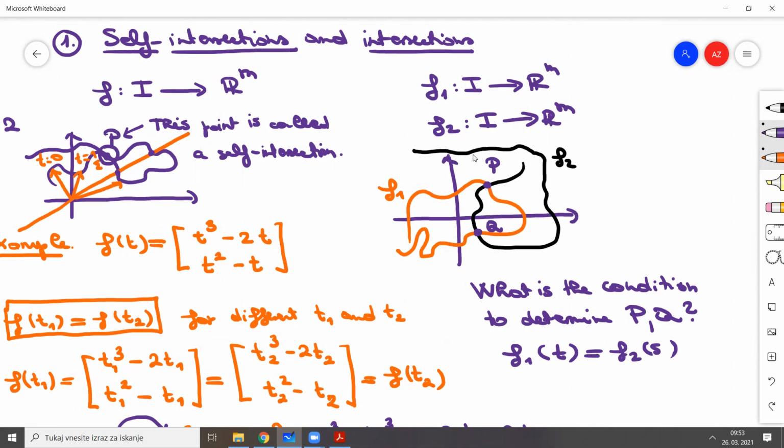However, if T represents time, and for example, this is the road traveled by one car, and this is the road traveled by the second car, and the question is whether those 2 cars crash, then the condition would be not only that F1 is equal to F2, but also T and S are the same.